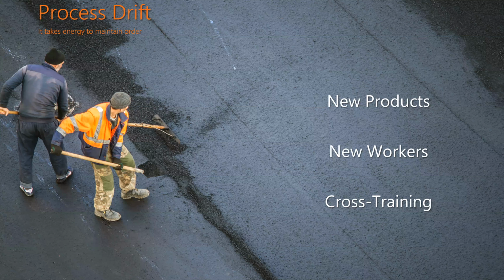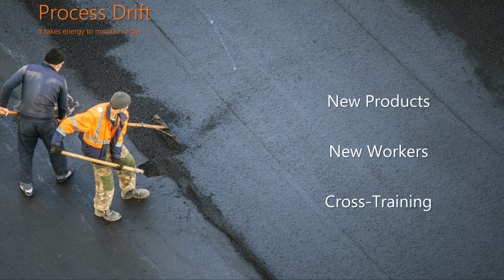The last cause of performance erosion that I'll cover today is process drift. This is a recognition that it takes energy to maintain a certain level of performance in any process due to natural changes happening all the time. In every process, whether it is optimized or not, the current level of performance is challenged by changes to the products that are being manufactured, new workers hired by the organization, or cross-trained workers who are simply new to that particular process.